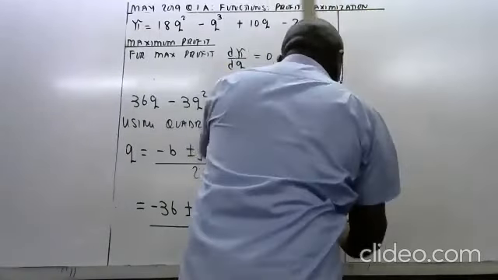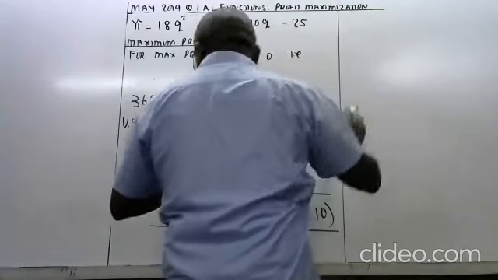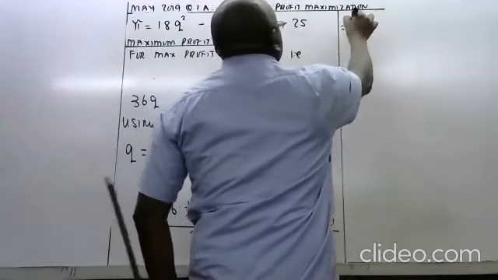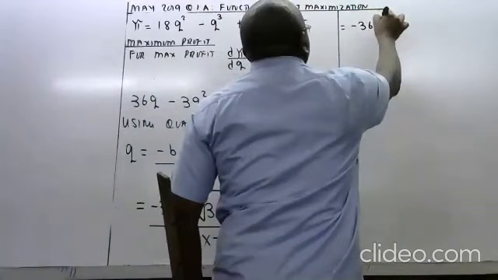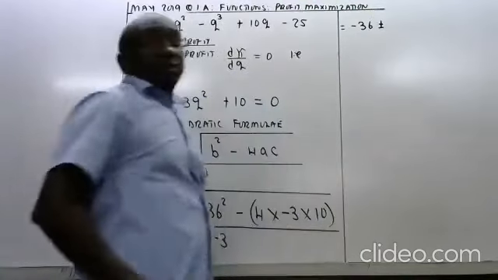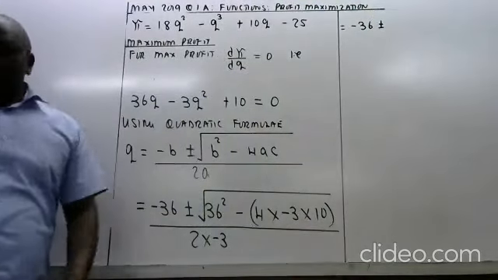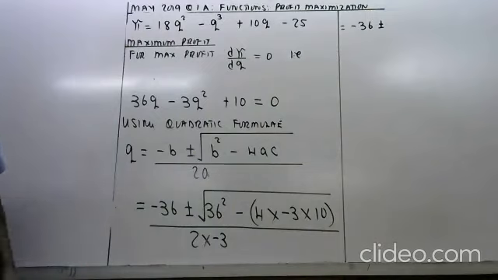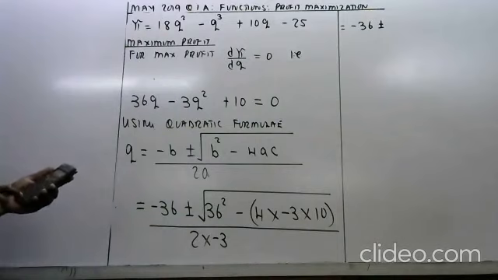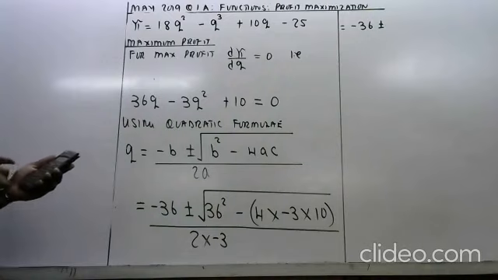And the journey proceeds here to become minus 36 plus or minus the square root of 36 squared plus 4 times 3 times 10.